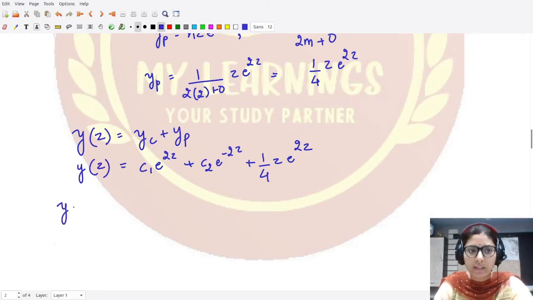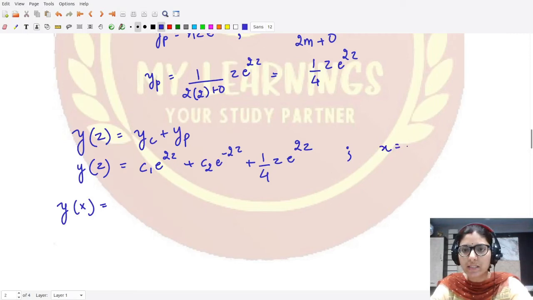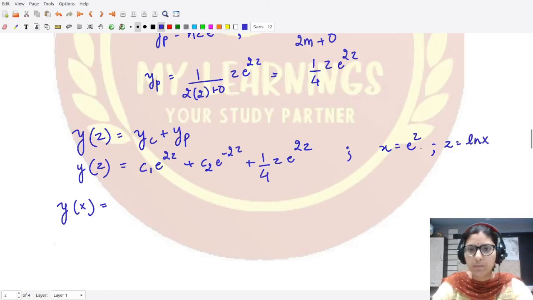We require the solution in terms of x. So we substitute back whatever we have assumed. We have used this transformation that x is equal to e to the power z. So either we could use z is equal to log of x, or simply e to the power z could be replaced by x. So we have c1, so e to the power 2z could be written as e to the power z square, right?